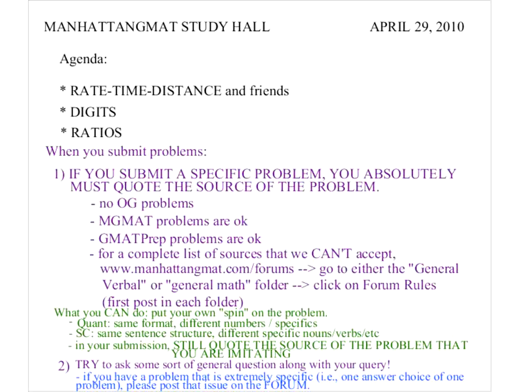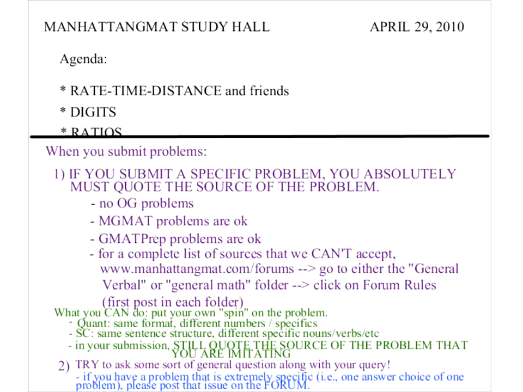More than half the submissions these last couple of times were in violation of one or the other of these principles. They were either unquoted problems, which was most of the issue, or they were extremely, extremely specific. Okay, so let's move on to the actual material of the study hall.